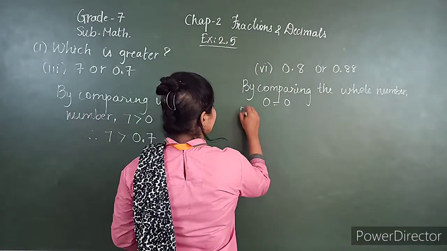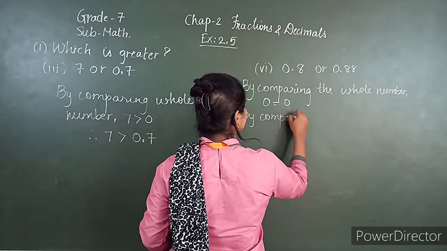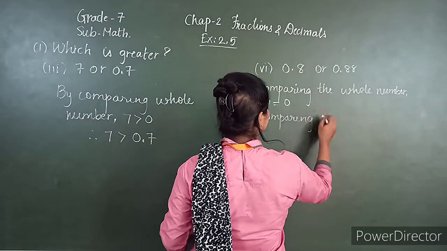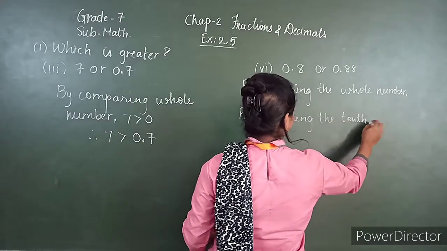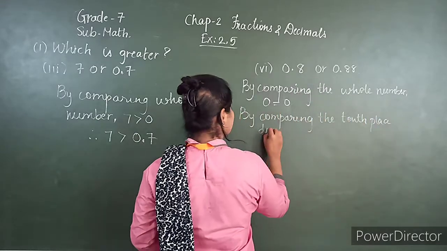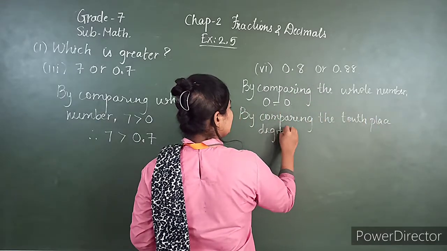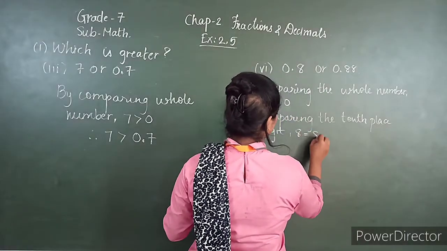Then by comparing the 10th place digit, 8 is equal to 8.